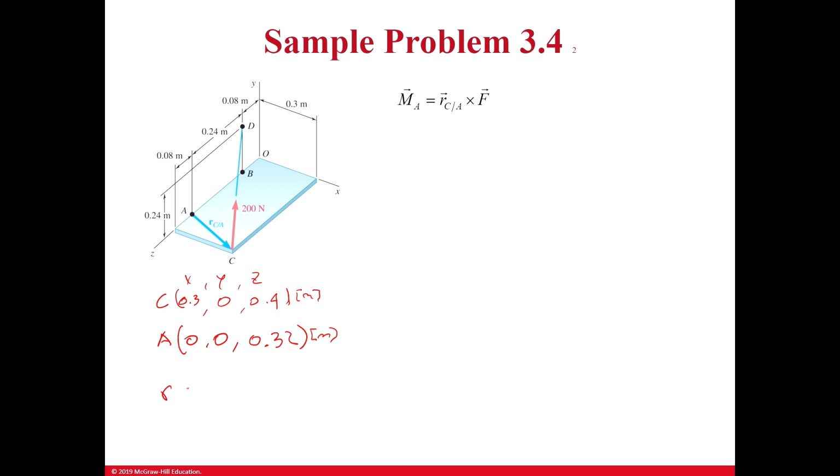So RCA is equal to the head minus the tail. 0.3 minus 0 is 0.3 in I, comma, 0 minus 0 is 0 in J, comma, and 0.4 minus 0.32 is 0.08 in K. Go ahead and use your calculator if you're not sure.